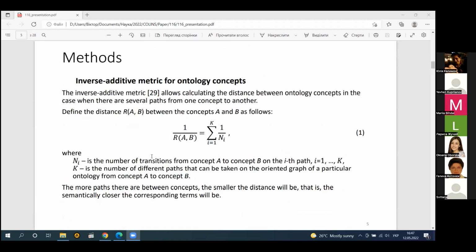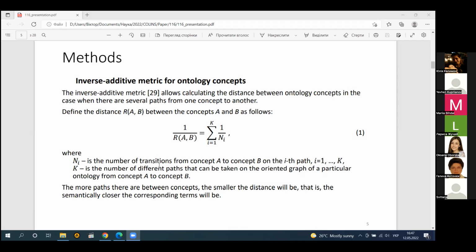Methods. Inverse-additive metric for ontology concepts. It allows calculating the distance between ontology concepts in the case when there are several paths from one concept to another. Define the distance from A to B between the concepts A and B as follows, formula 1, where Ni is the number of transitions from concept A to concept B on the i-th path, i from 1 to k.